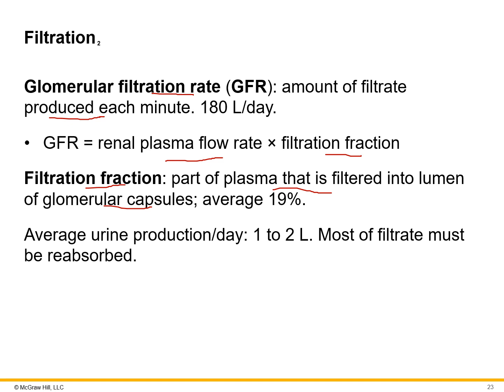And then just to put some numbers here, the average urine production each day is about 1 to 2 liters, but most of the filtrate gets reabsorbed. So lots of blood is coming into the kidneys, but of all the blood that passes through the kidneys throughout the day, only about 1 or 2 liters of that filtrate is going to be removed.